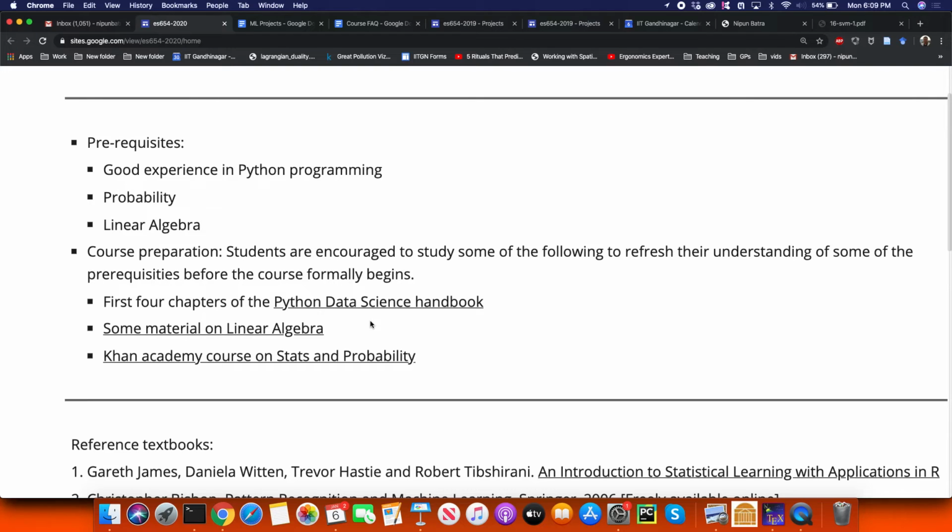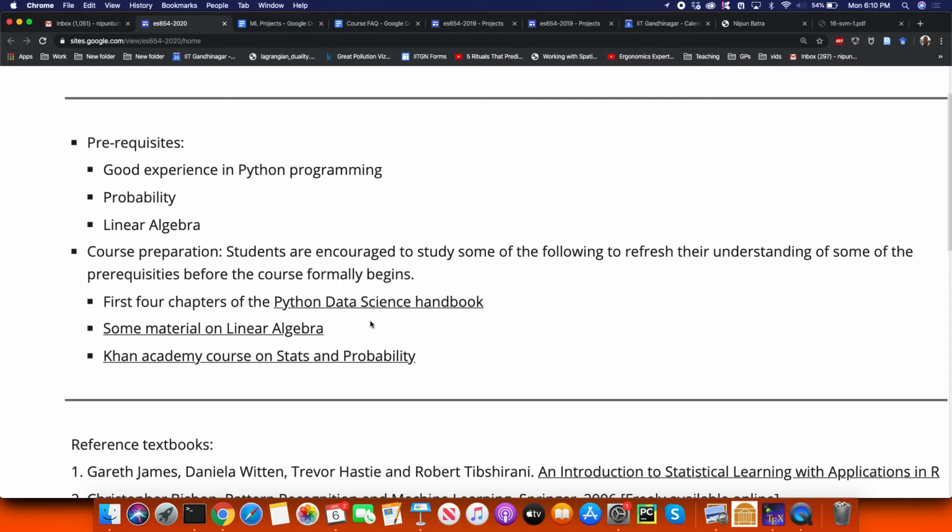Probability and linear algebra. I've kept a couple of resources which you can use to prepare for all of these prerequisites. None of them would be taught directly in the class, but it would be expected that you've already gone through some of this material. So the Python Data Science Handbook talks about how to use NumPy, Pandas, Matplotlib, etc. for doing all of your coding.